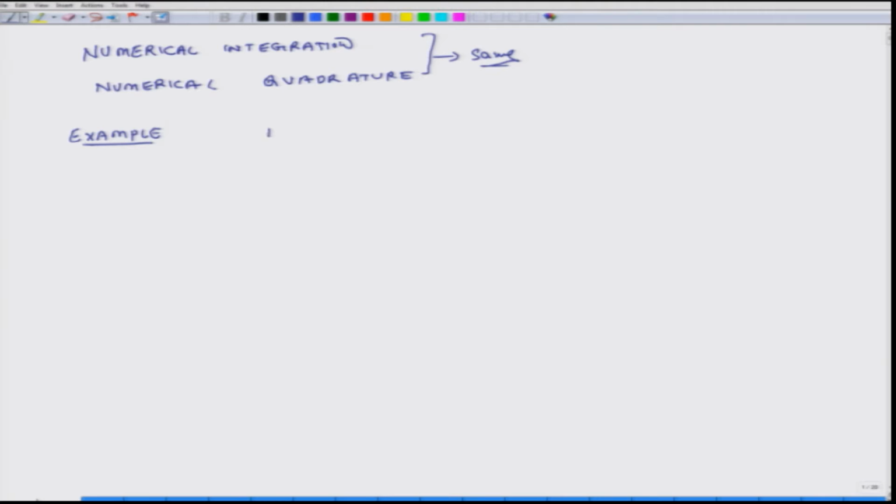Suppose I say that there is an integral I, and that is an integral of some function f of x dx, and I am integrating it in the limits x a to x b.